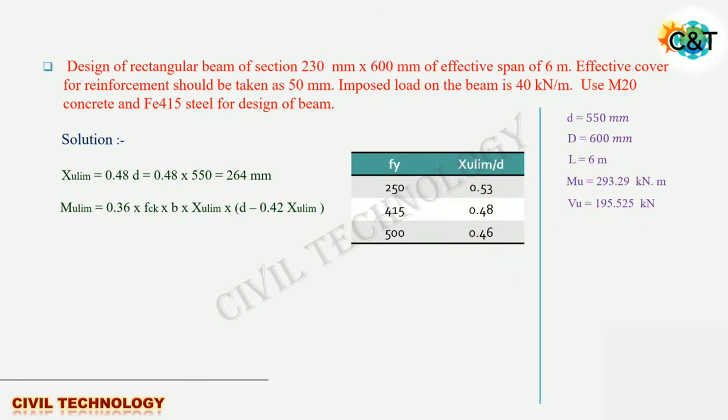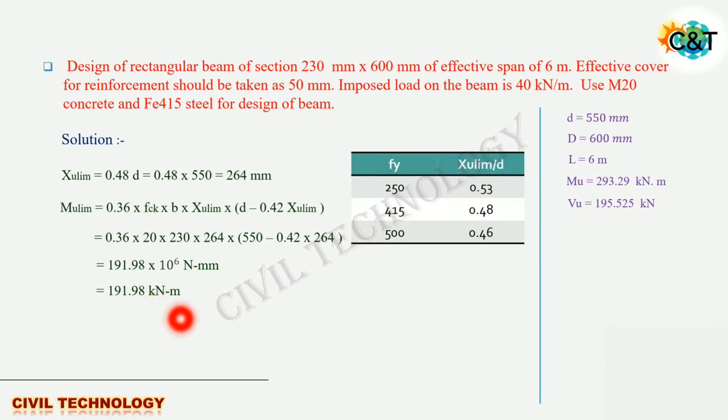If we put down all the values, we can get the Mu limit value, and that is 191.98 multiplied by 10⁶ Newton mm. As we calculated all the moment and shear force values in kilonewton meter units, we have to convert this moment into kilonewton meter units. So it comes out to 191.98 kilonewton meter. So this much moment this beam carries safely as a balanced section.